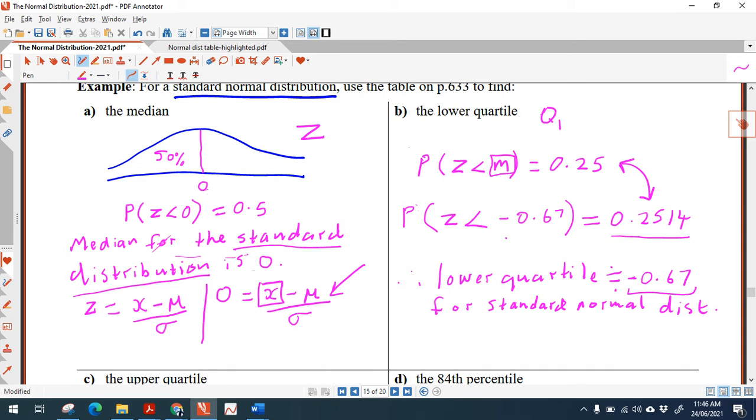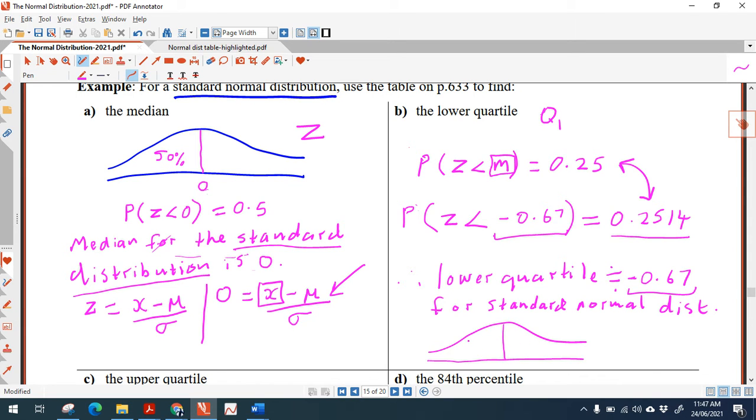Now, the other interesting thing is, how do I know that that was going to be negative? Well, because I know that Q1 has 25% of the data below it. If I do a little sketch of a normal distribution, and put a line down the middle for the mean, 50% of the data is on the right, 50% is on the left.